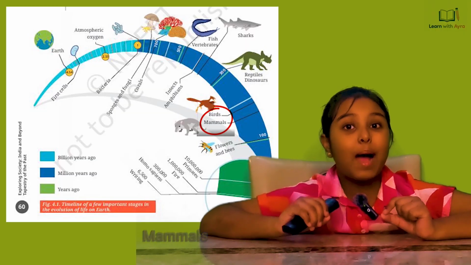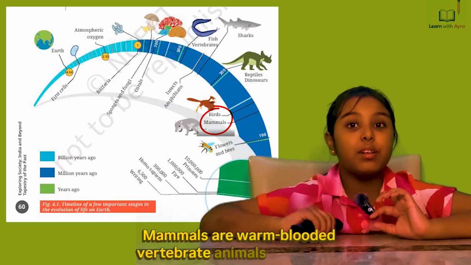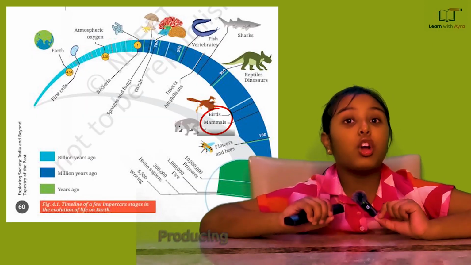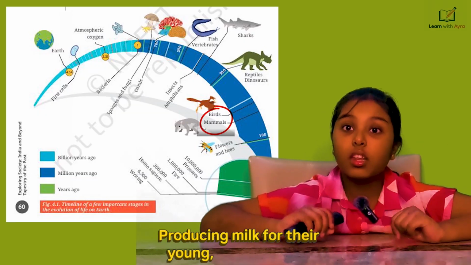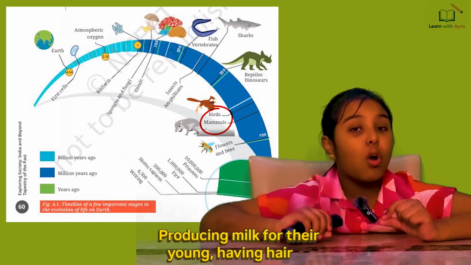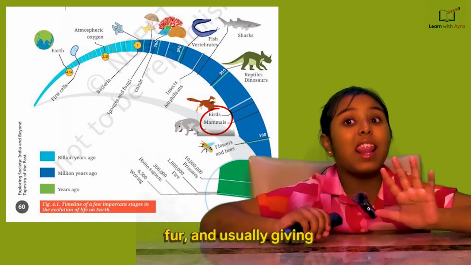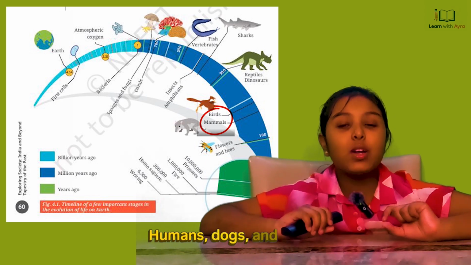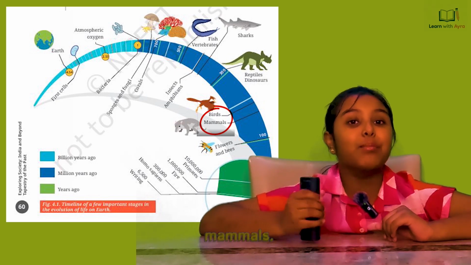Mammals. Mammals are warm blooded vertebrate animals defined by three main traits: producing milk for their young, having hair or fur, and usually giving live birth. Humans, dogs, and whales are all examples of mammals.